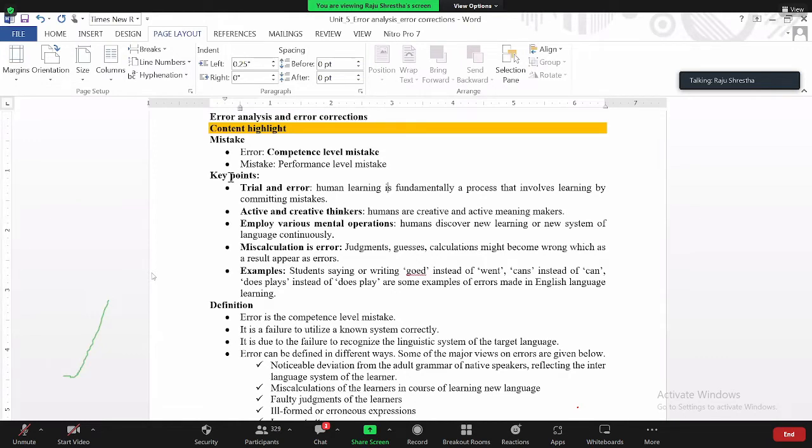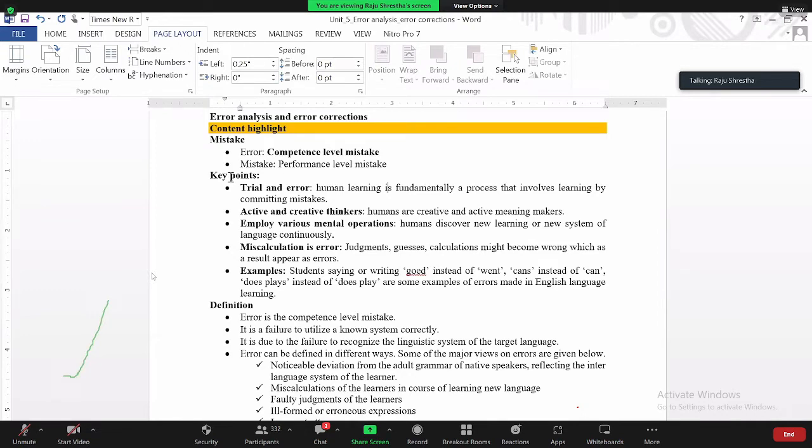Our human mind also employs different mental operations: thinking, innovating, planning.